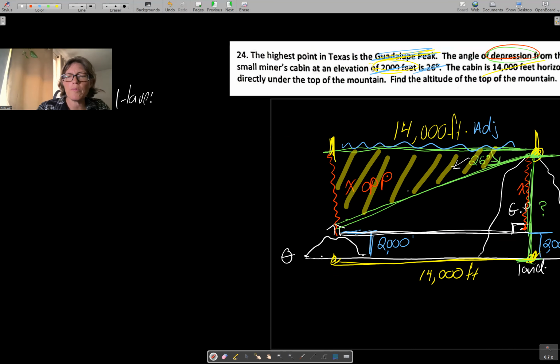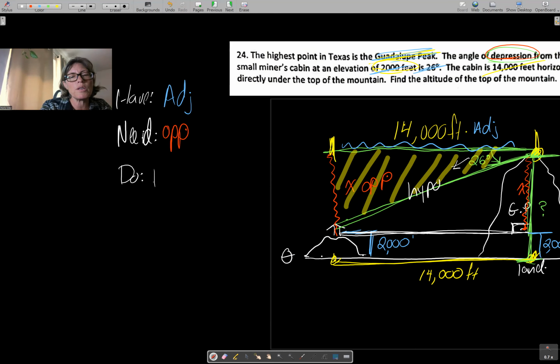And this is our hypotenuse. So we want our opposite, but we have our adjacent. So we start with that. We have our adjacent, and we need our opposite. So we've got an OA combo.